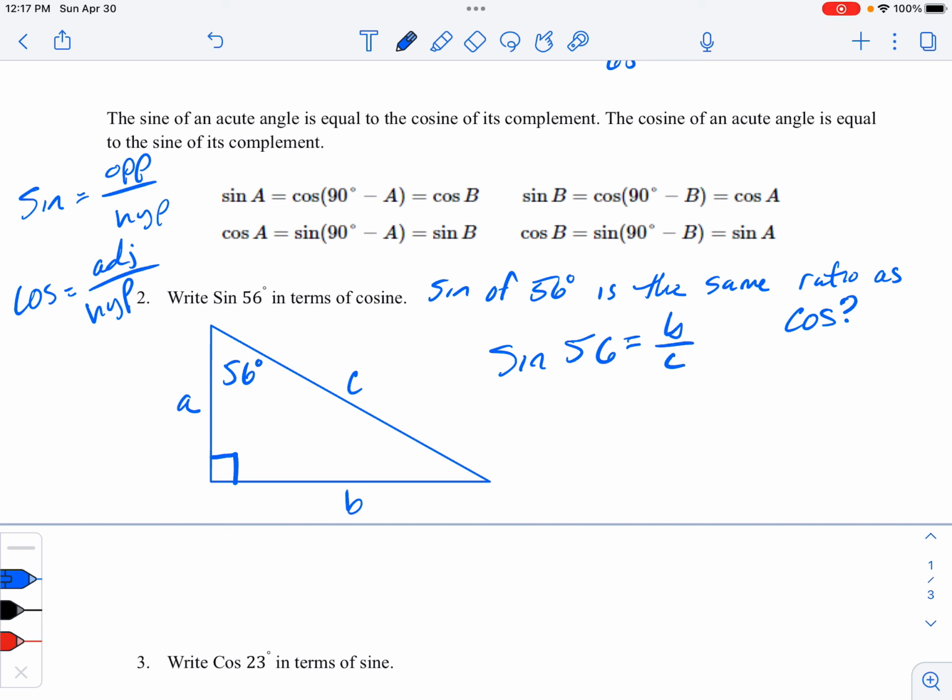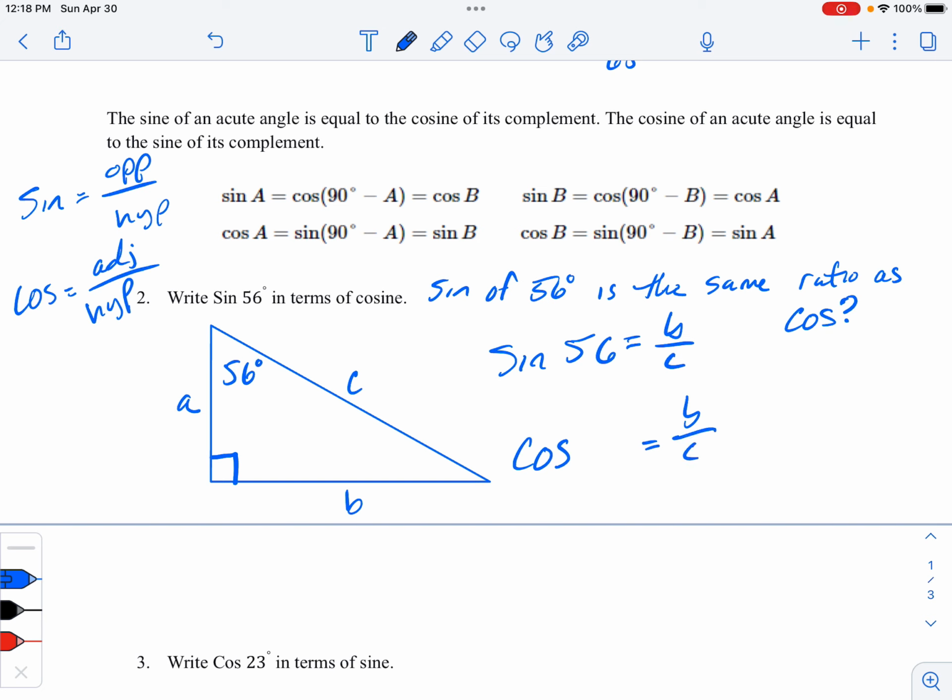What we want to do is write the cosine of something as this same ratio. If we think about it, it's going to be this angle over here, because cosine is adjacent over hypotenuse. The side adjacent to this angle would be b, and the hypotenuse is c. So the cosine of that angle, which we'll figure out in just a second, is also equal to b over c.